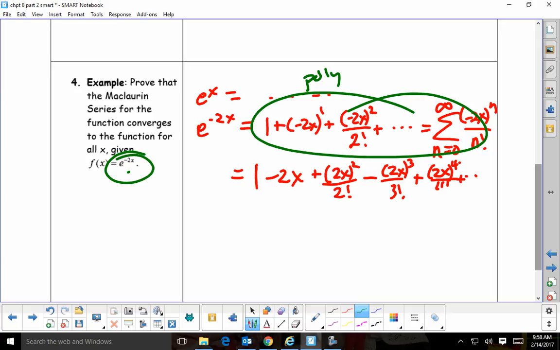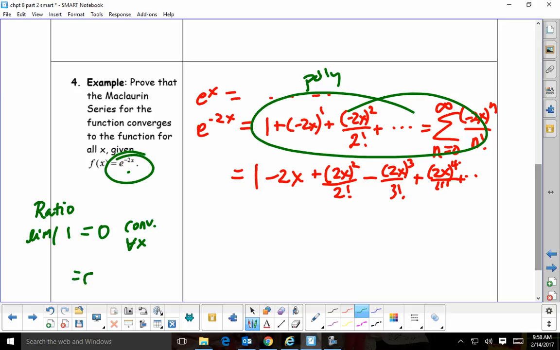The ratio test. And if you recall, when we did the ratio test, just as a side note, if the limit of that equaled 0, what did I know? Converges for all x, x from negative infinity to infinity.